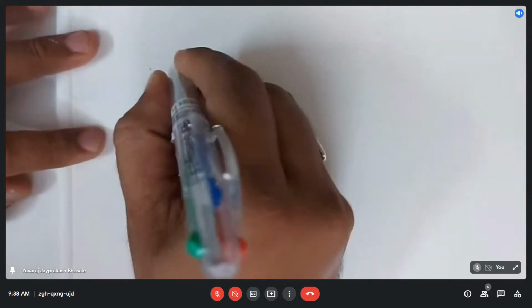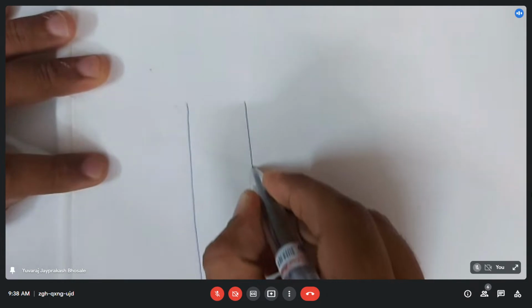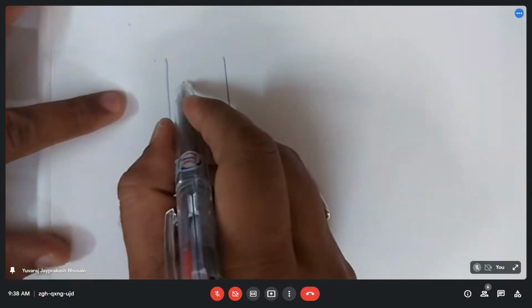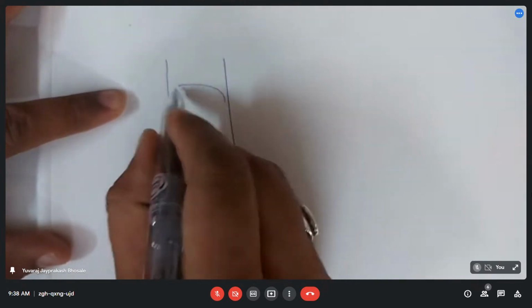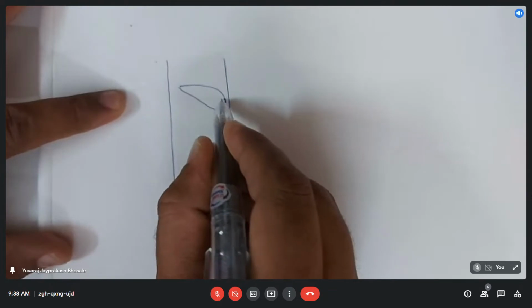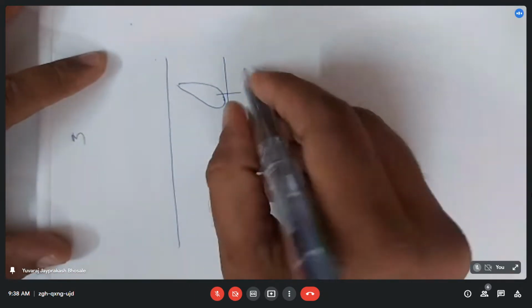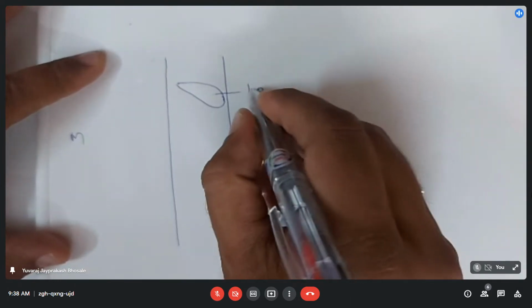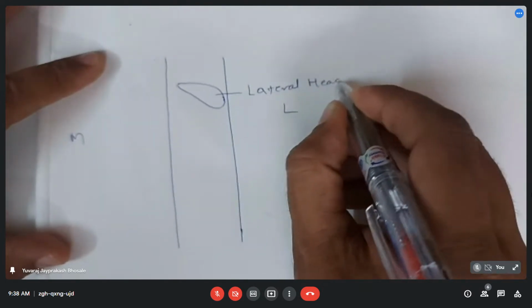So if we are looking at the humerus from the posterior aspect, this is the humerus on the posterior aspect. Suppose this is the medial side and this is the lateral side. There is the origin of the lateral head of triceps.